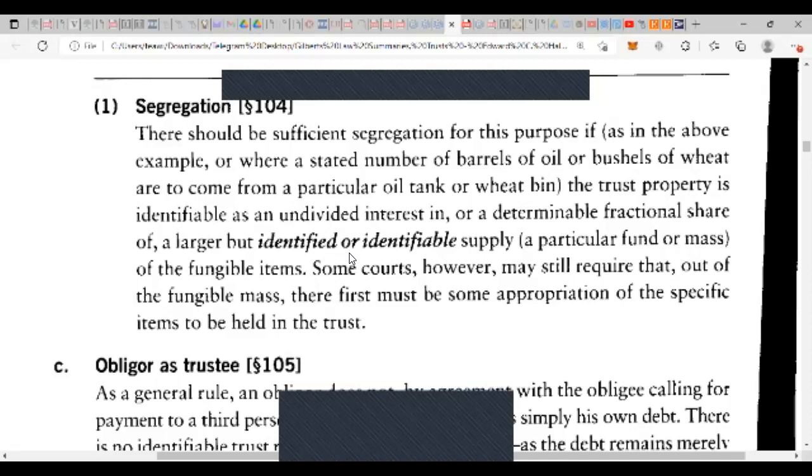The trust property is identifiable as an undivided interest in, or a determinable fractional share of, a larger but identified or identifiable supply, a particular fund or mass of fungible items. Some courts, however, may still require that out of the fungible mass, there first must be some appropriation of the specific items to be held in the trust.